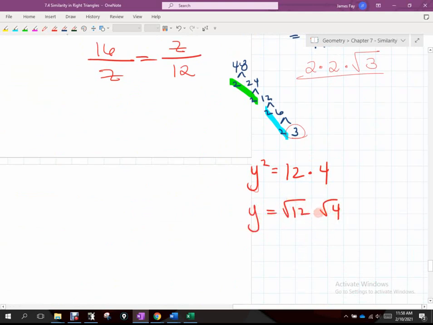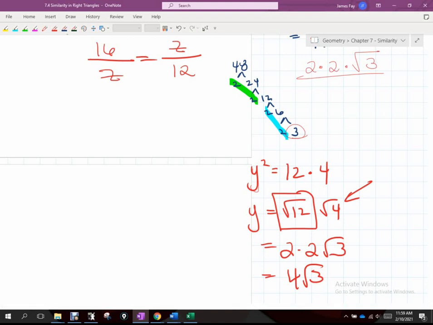Does that make sense? It's like knowing that 1/2 is the same thing as 2/4, and every time I see 2/4, I rewrite it as 1/2. I know from memory that that's 2 radical 3, and I know that that is 2, right? So what's 2 times 2 radical 3? 4 radical 3. And that might be a reason why I don't change that to 48 when I cross multiply.